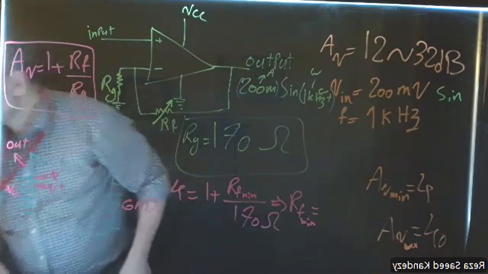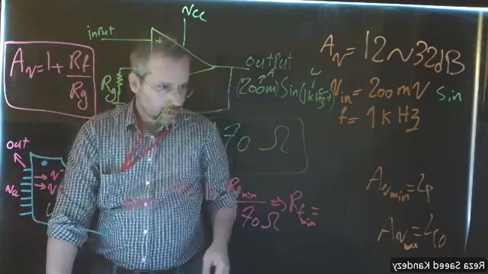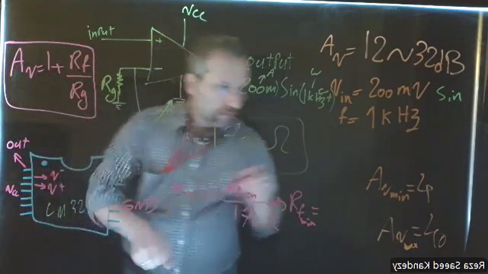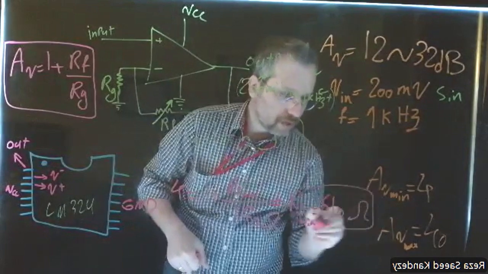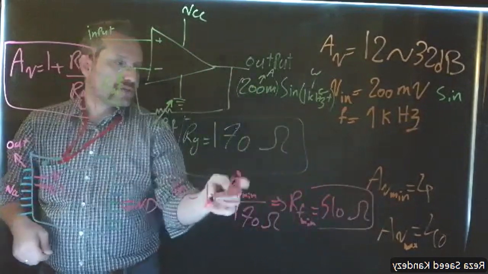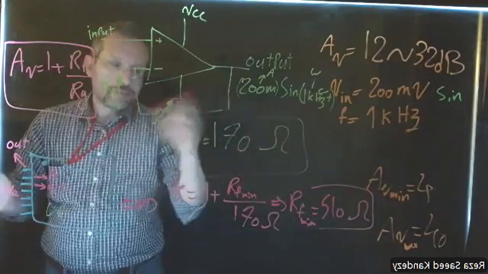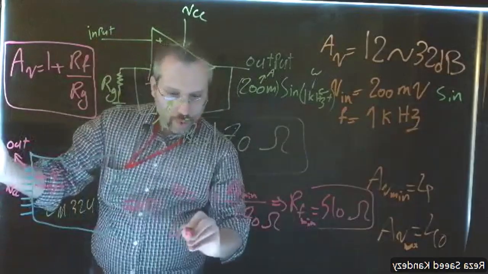Which is going to be 510 ohm. So this is my feedback resistor for the minimum gain. For the maximum gain, this one is going to be 40.